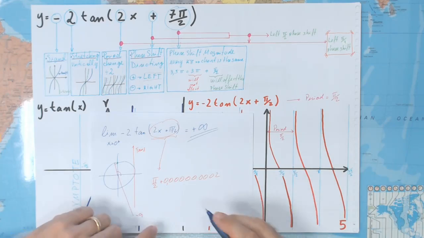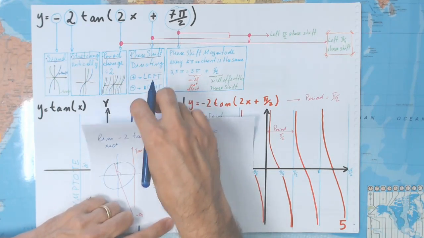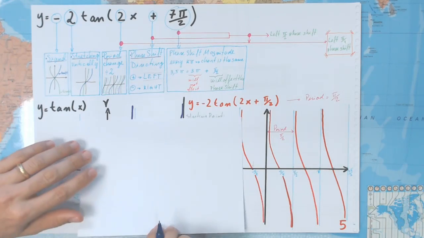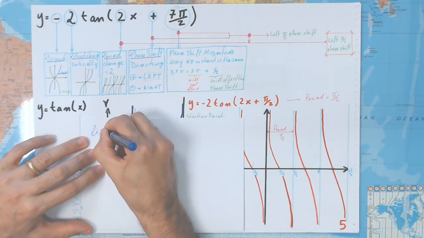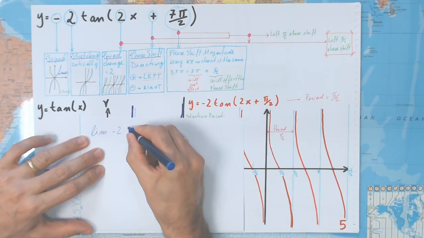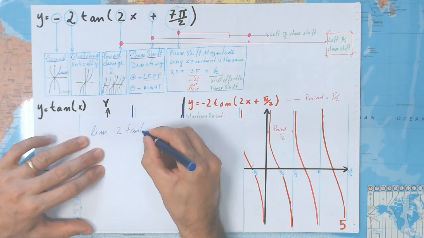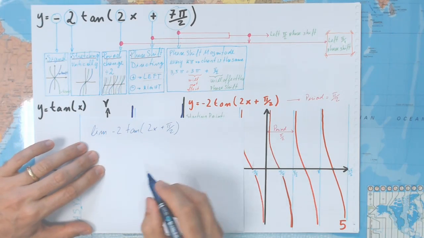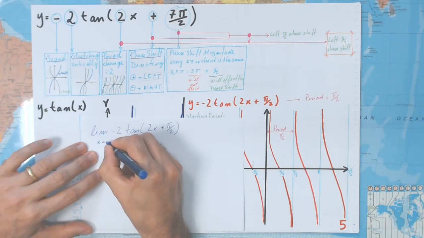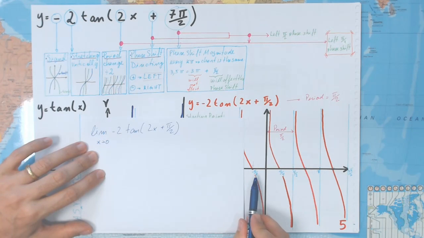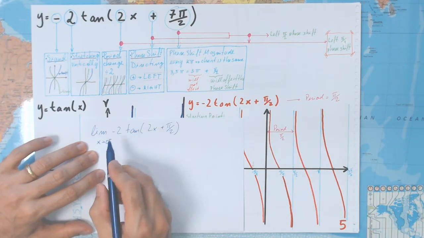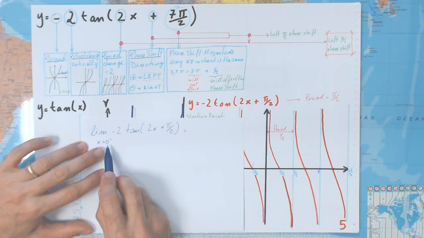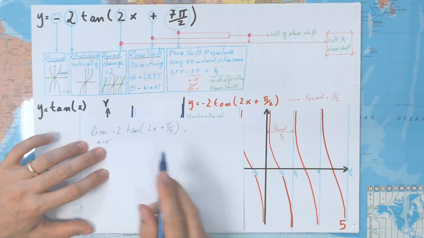And therefore, let's make it the other way. When the limit of this function, 2 tangent of 2x plus pi over 2, when x goes to 0 from the negative side, that's what that minus in here means. What is that? Well, now the negative sign, what does it mean?